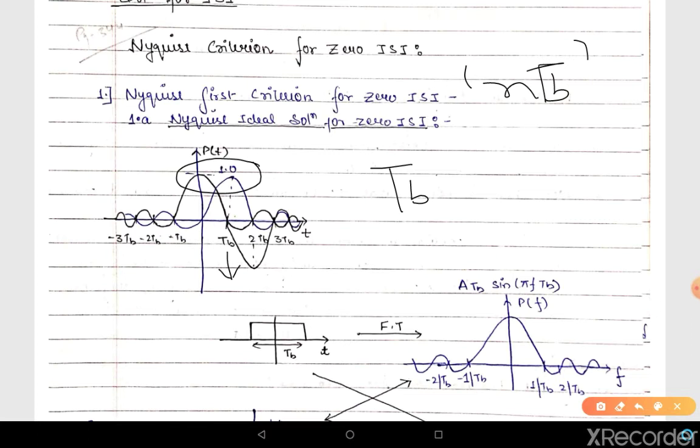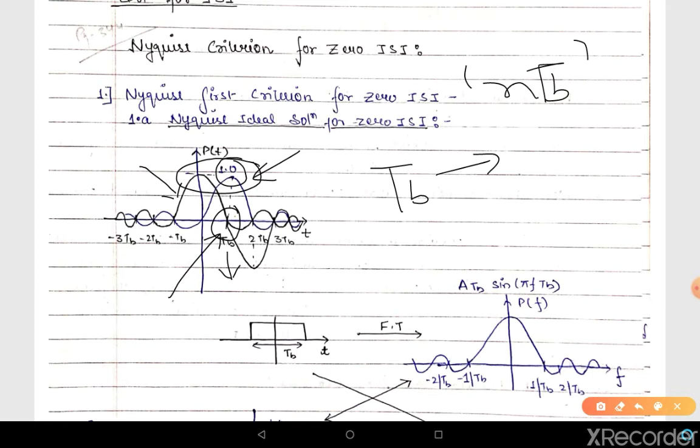Now if TB is the sampling instant, then at this sampling instant the effect of pulse 1 is 0, and pulse 2 is maximum, that is 1.